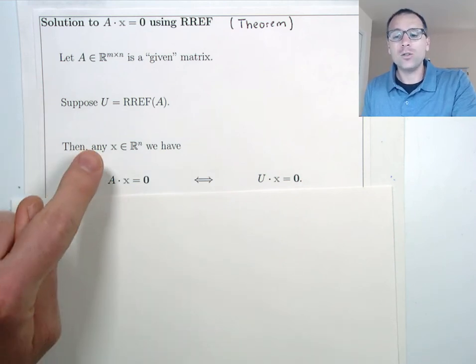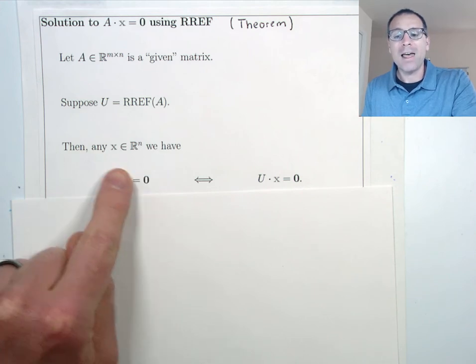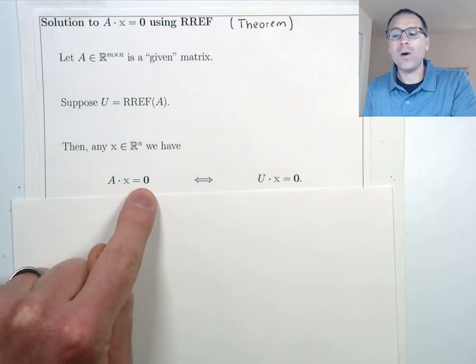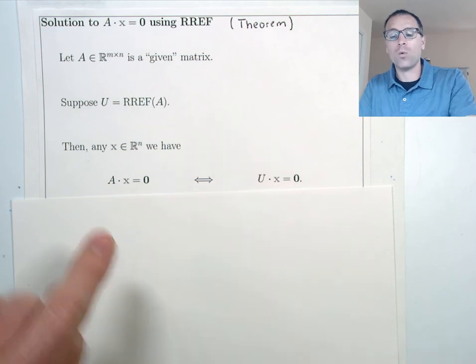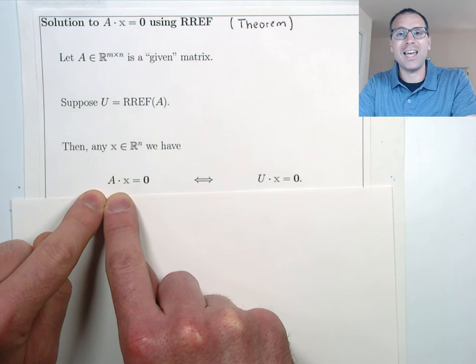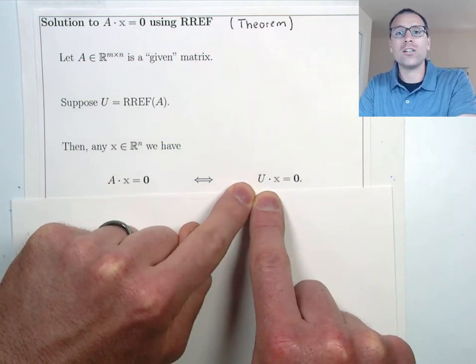For any solution to the Ax equals 0 problem, this matrix vector multiplication is equal to 0 if and only if U times x equals 0. In other words, solving the homogeneous linear system involving the coefficient matrix A is equivalent to solving the homogeneous linear system with the coefficient matrix U.